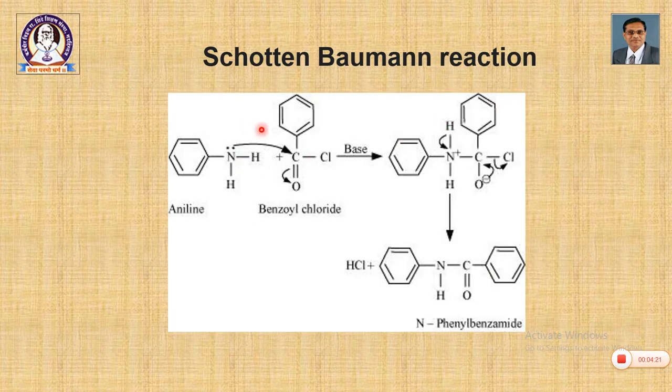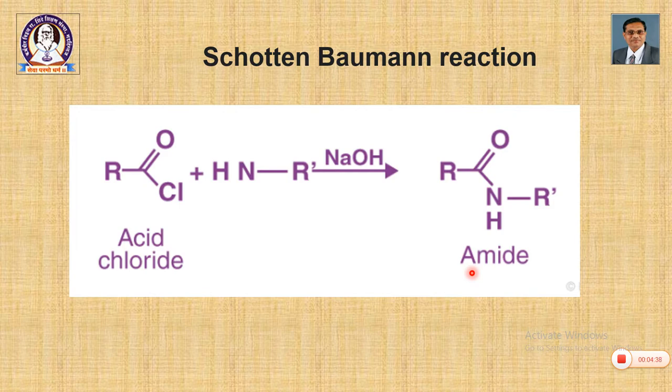This is actually explaining the mechanism. You have a lone pair, that lone pair attacks the carbon of the COCl group, and finally you get N-phenyl benzamide. Actually, you are not expected to learn the mechanism.